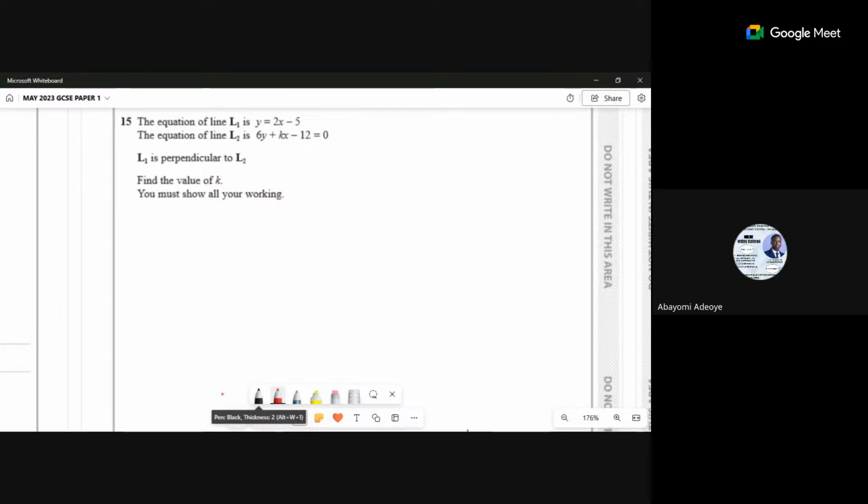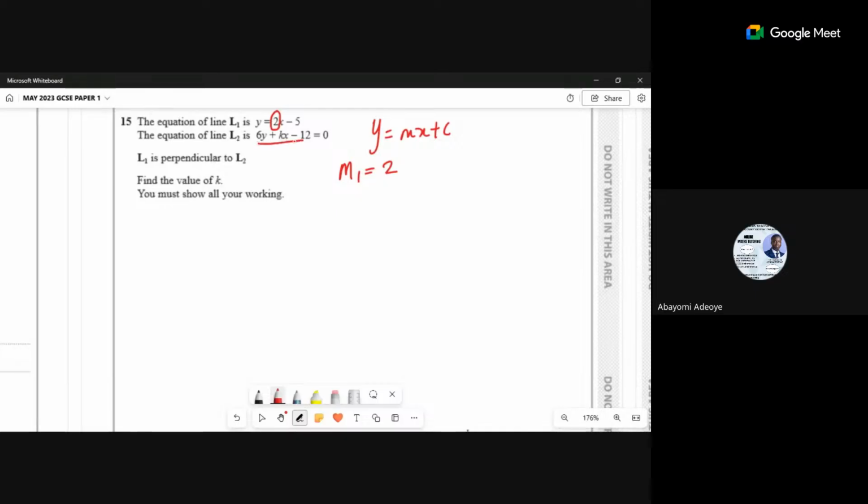No, that is our gradient. So remember that I said y equals Mx plus c for equation of a line, right? So what's the first gradient? The first gradient is 2.